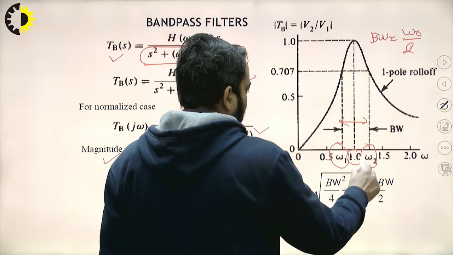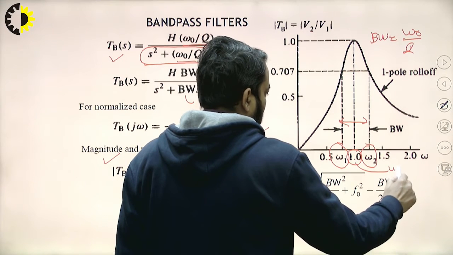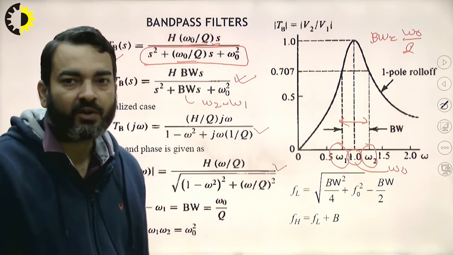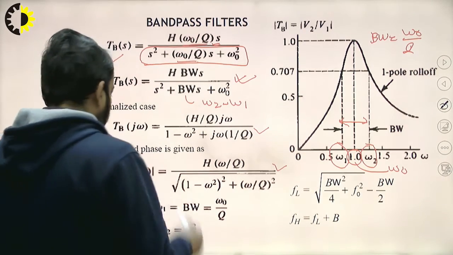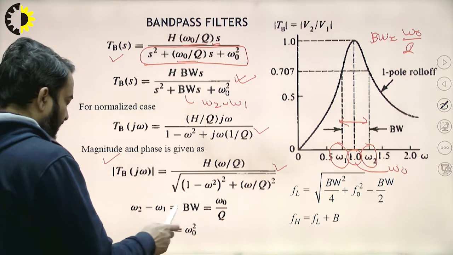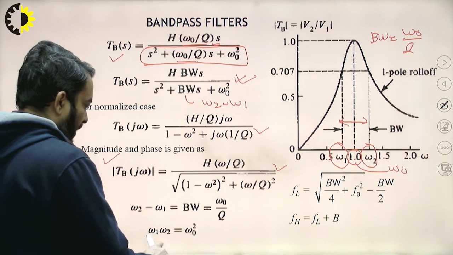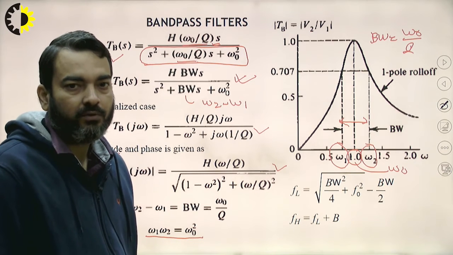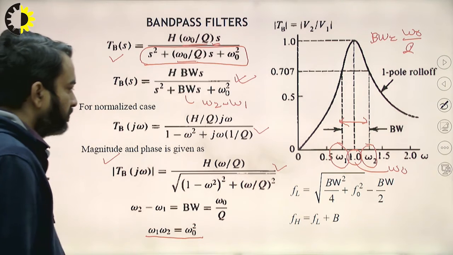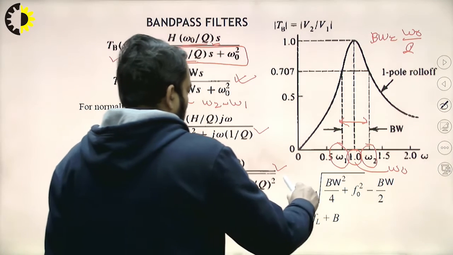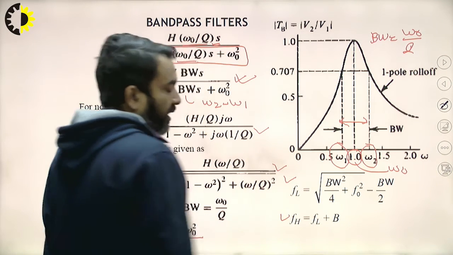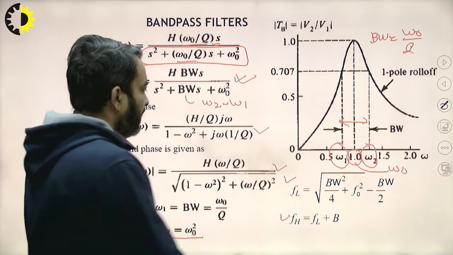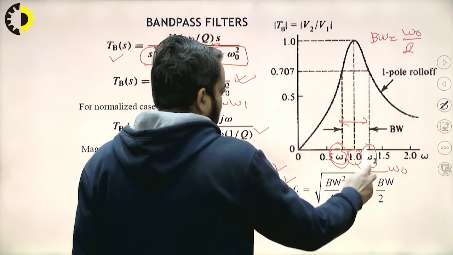This unity point is nothing but omega naught. This is the normalized scale. So we have another relation, that the product of omega 1 and omega 2 is equal to omega naught square. And these are the formulas by which we can calculate omega 1 and omega 2. Here we have written this as FL, this as FH.